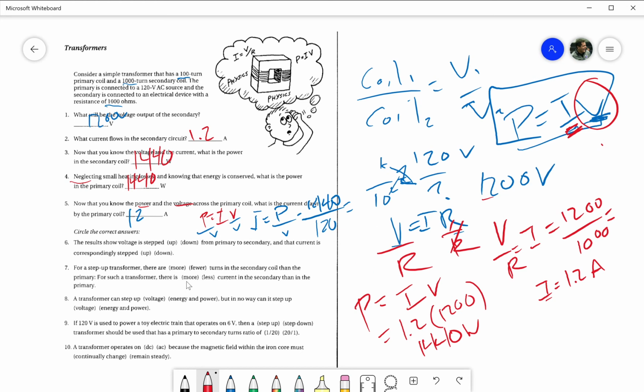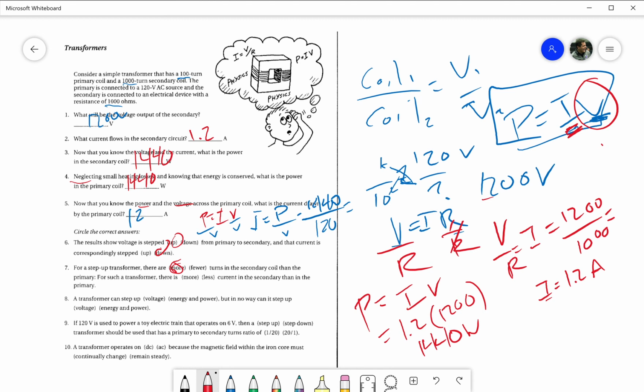All right, so here we go. Let's circle answers down below too. The results show that voltage is stepped up from primary to secondary. Is that true? It went from 120 to 1200, so it stepped up, and that means the current would have to step down. For a step-up transformer, there has to be more turns, more coils, in the secondary than in the primary.